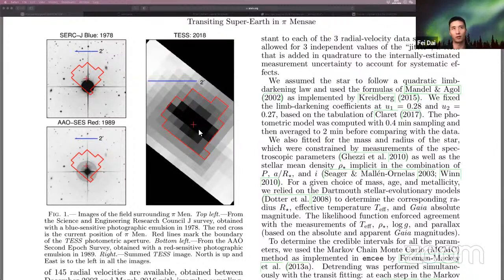It usually adopts the shape of an Airy ring, which is diffraction limited. So the size of this Airy ring is related to the wavelength at which you're looking at the star, as well as the aperture of the lens you're using. So for a smaller aperture, which is what we use on TESS, 10 centimeters, this point spread function can be pretty wide.